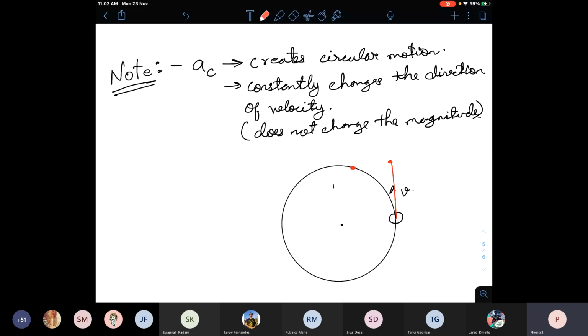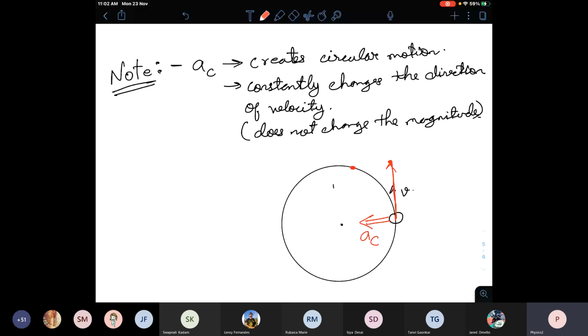Why? Because there must be an acceleration, there must be a force which is pulling it towards the center. Instead of going along the straight line, because of this centripetal acceleration, because of the centripetal force, if there is acceleration, there will be force.